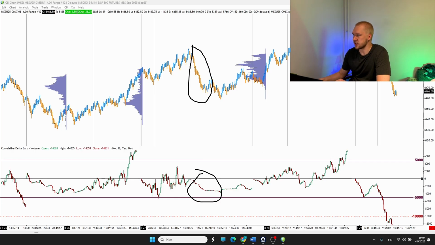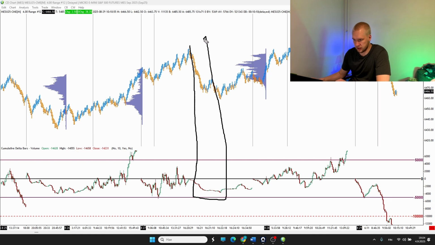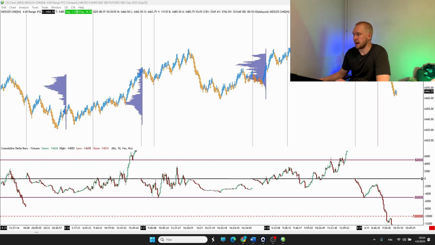The same regions. So right here, okay, this part. And what you can see with price action here is that price drops quite drastically, but the cumulative delta doesn't even break 5,000.